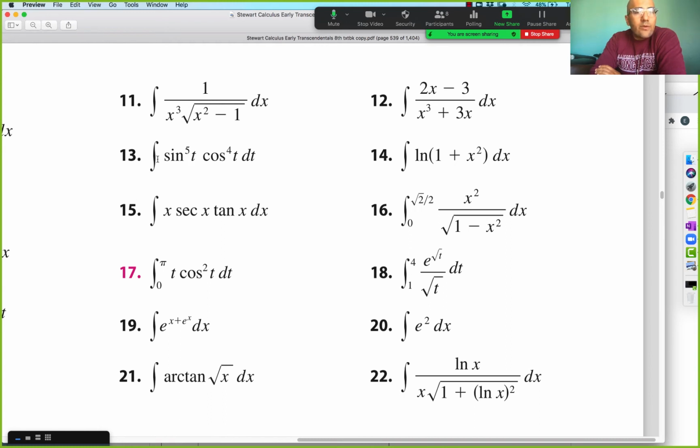Then we can rewrite sine to the power of 4 as sine squared squared, and sine squared equals 1 minus cosine squared. So I can rewrite all of that in terms of cosines, and there's one sine out here, so I can let u equal cosine, and therefore rewrite this into a nice u substitution that's easy to integrate. Did that make sense for number 13?